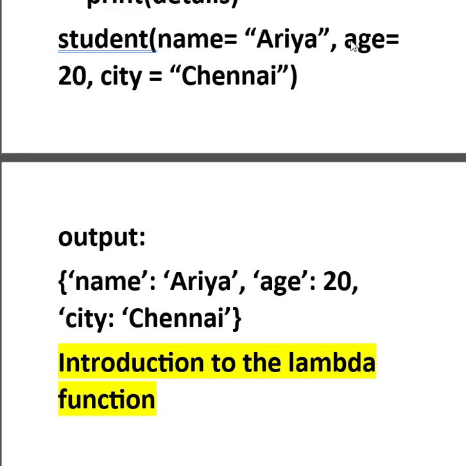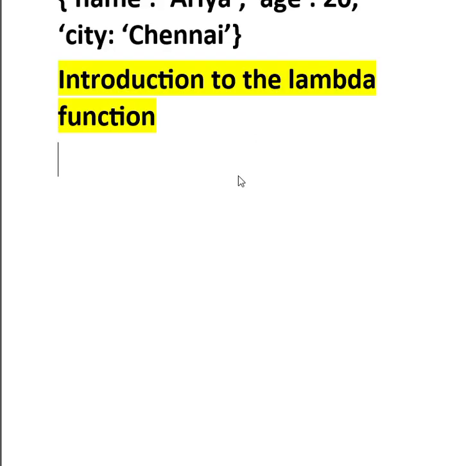What is meant by anonymous? Anonymous means the function does not require any normal function name. A normal function means we will be having def, square, parameter, and return something, whatever it is.